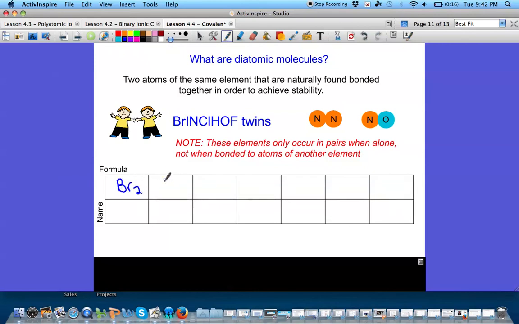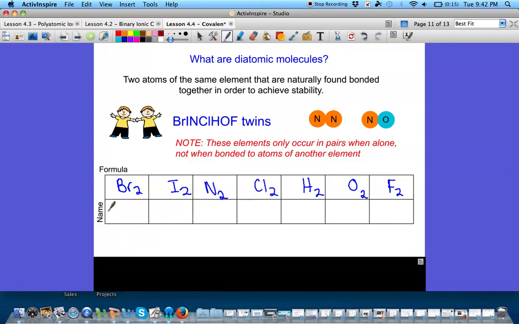Br is for bromine, I is for iodine, N is for nitrogen, Cl is for chlorine, H is for hydrogen, O is for oxygen, F is for fluorine. So each of these are always going to be found in a twin, or they're going to be found bonded to something else. You're never going to just have a single bromine atom.